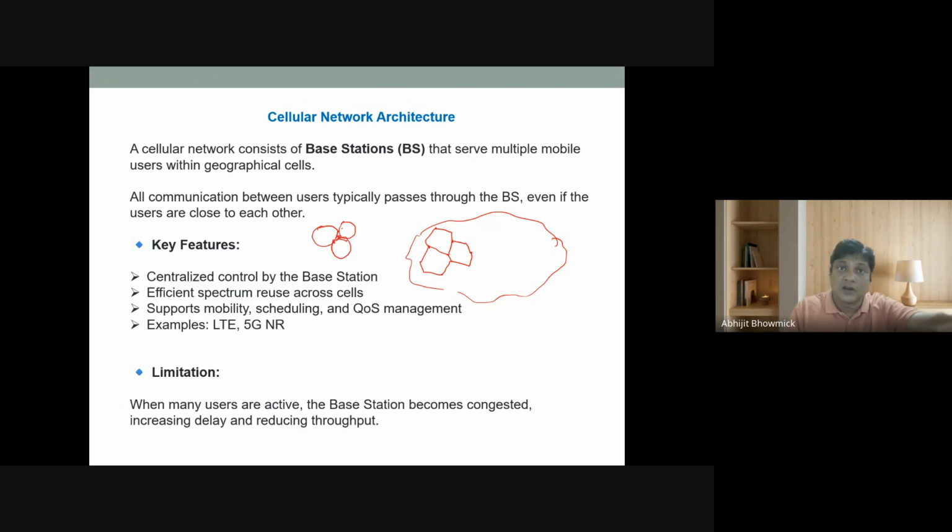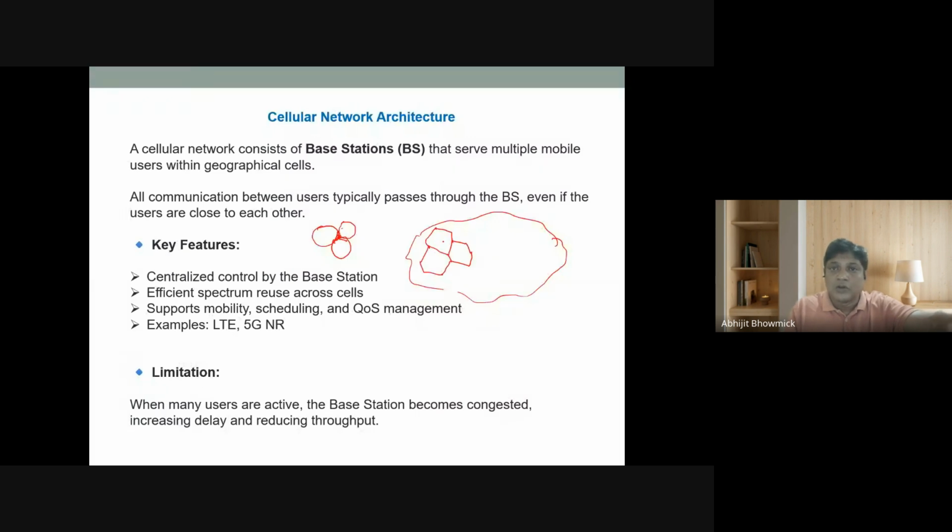So different geometries have different problems. But if you look at this hexagon, first of all it covers much more area, and whatever problems we may face if we use other geometry can be overcome by this hexagonal geometry.